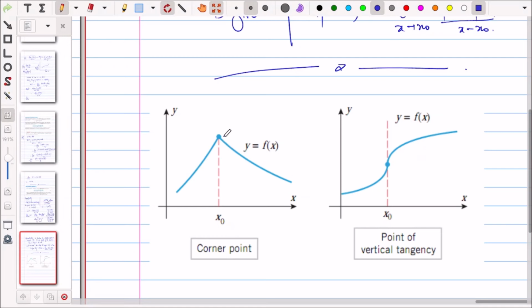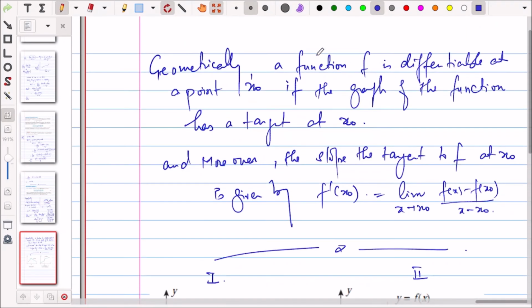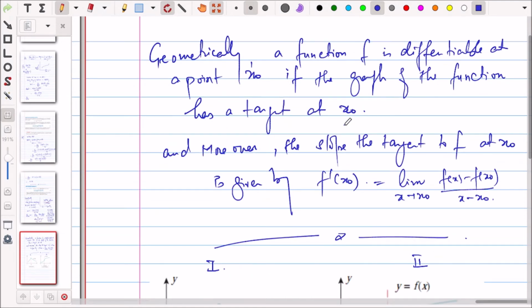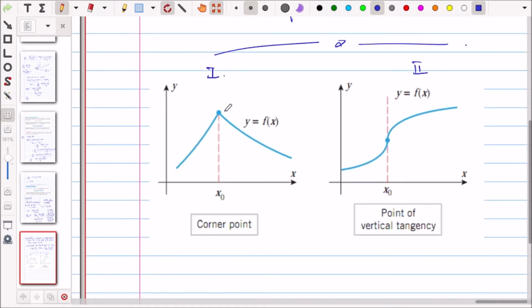Is this function differentiable at x naught? Yes. Is this function differentiable at x naught? ये फर्स्ट केस फिगर से ही देख के बताना है हमें। अभी ये हमने ज्योमेट्रिकली पढ़ा है ना, क्या होता है, फंक्शन इज डिफरेंशिएबल एट x नॉट इफ द ग्राफ ऑफ द फंक्शन हैज अ टेंजेंट एट x नॉट। डज इट हैव अ टेंजेंट एट x नॉट?